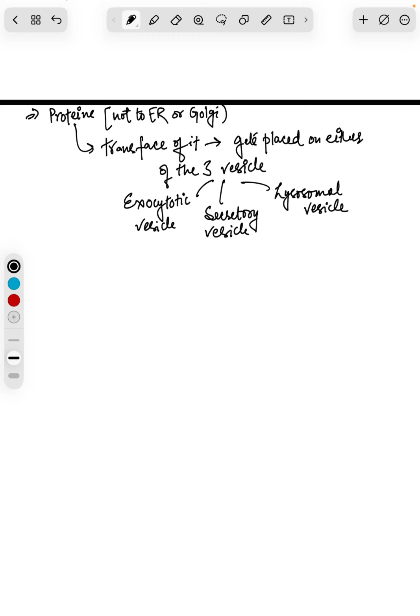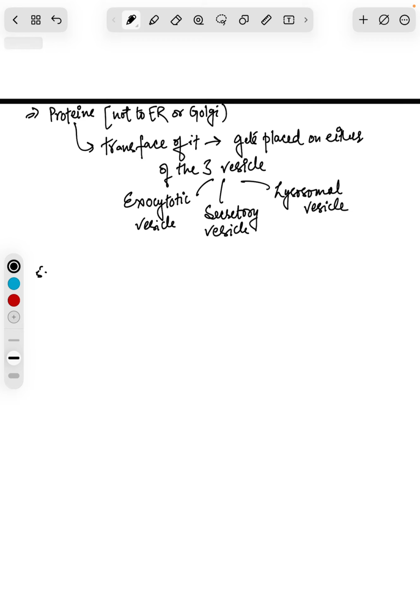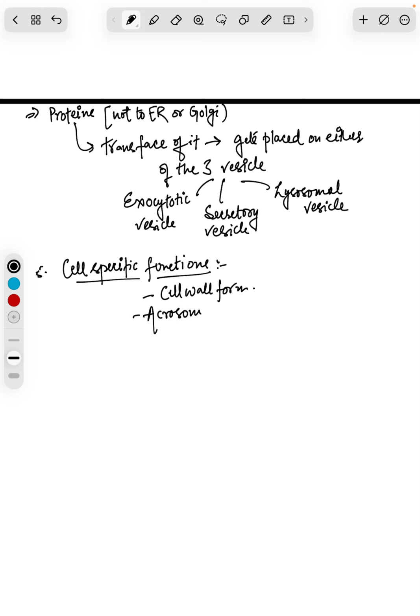The other cell specific functions that we discussed include formation of cell wall in plant tissue performed by Golgi, acrosome development in sperm cells, secretion of zymogen in the exocrine cells of pancreas, secretion and transformation of lipid in the liver cells.